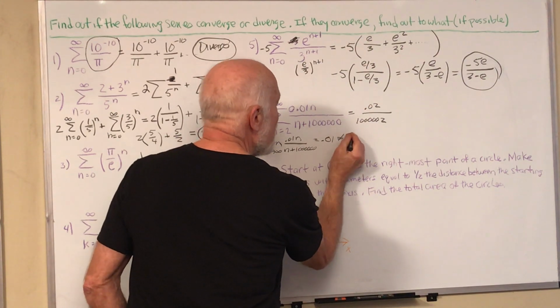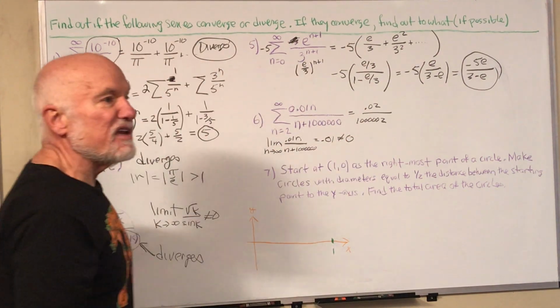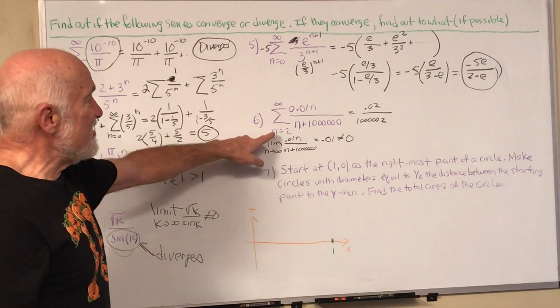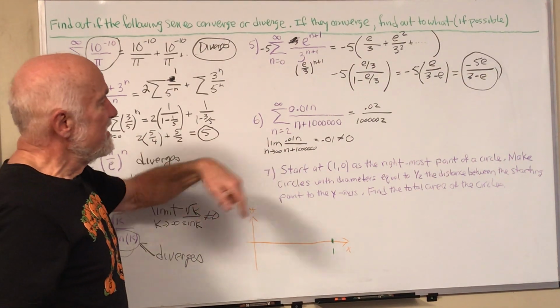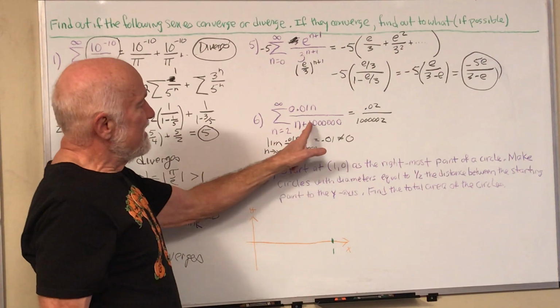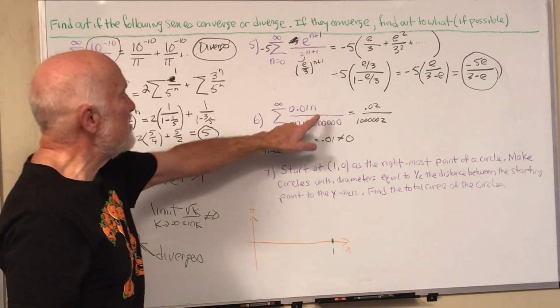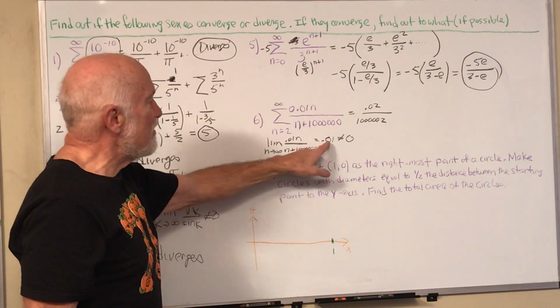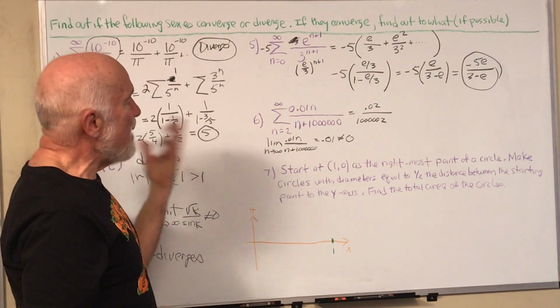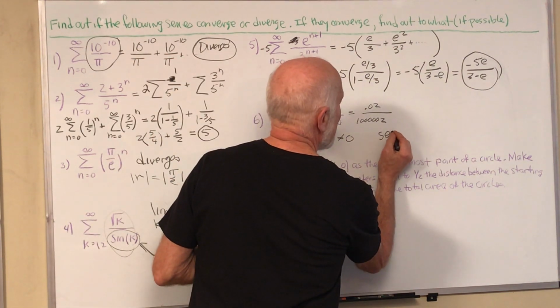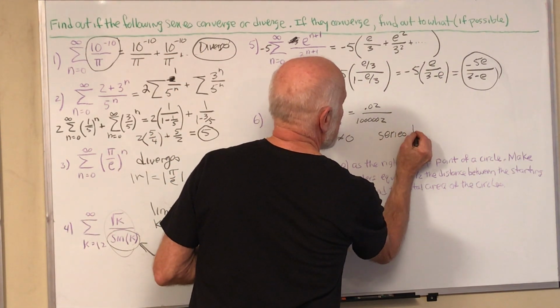So even though it looks like maybe that was going to converge because those numbers are so small, eventually, as n gets big enough, the 1,000,000 is actually not going to have much effect at all. And all these fractions are going to be really close to 0.01. So by the nth term test, the series diverges.